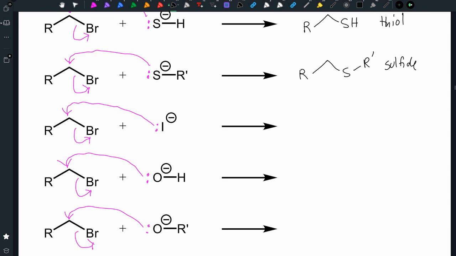All right, this reaction where we use iodide as our nucleophile really just trades one alkyl halide for another. This one is not usually useful, because we start with an alkyl halide, we end with an alkyl halide, because there's no change in functional group.